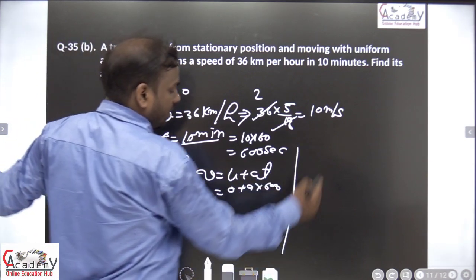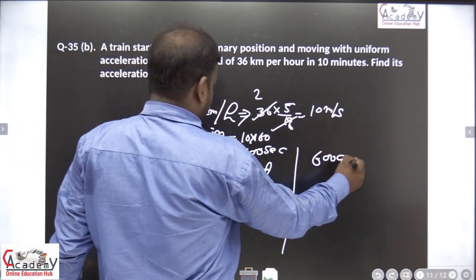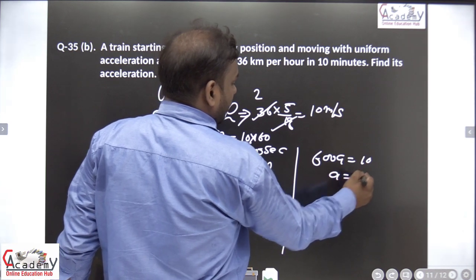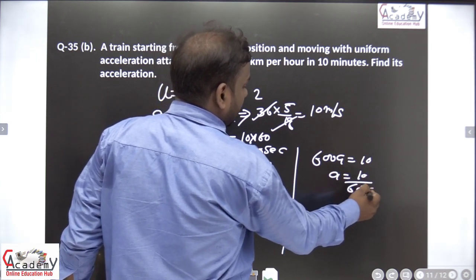Then we got 600a is equal to 10. So a is equal to 10 upon 600.